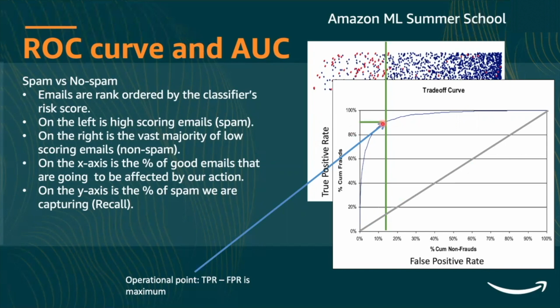That knee point is basically saying that at this point, your false positivity rate is low, but your true positivity rate is high, which implies you would mark the true spam as spam, and you'll mark the true non-spam as non-spam. There might be 10 to 15% false flagging, which is okay for me, depending on my problem. So this is known as the operational point. It is the point at which the TPR minus FPR is maximum.